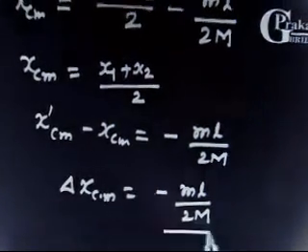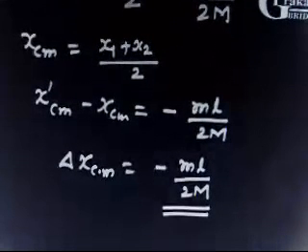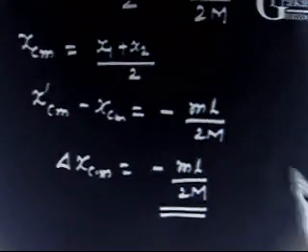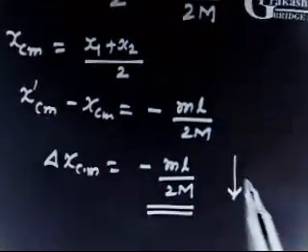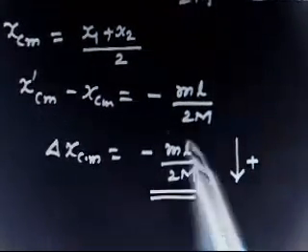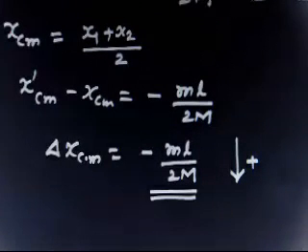So what does this minus sign suggest? The minus sign suggests, I assume the displacement in the downward direction is positive, so this is basically displacement in the upward direction.